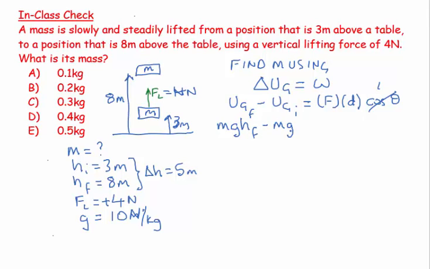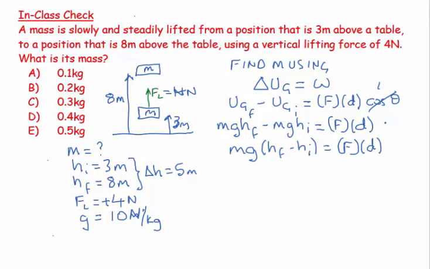Then I come down here again and say this is mgh final minus mgh initial, and this is equal to my force times my displacement. Then I can say m times g times h final minus h initial is equal to my force multiplied by my displacement. Let's put down 1 in there so I don't forget that I did do something with the angle.